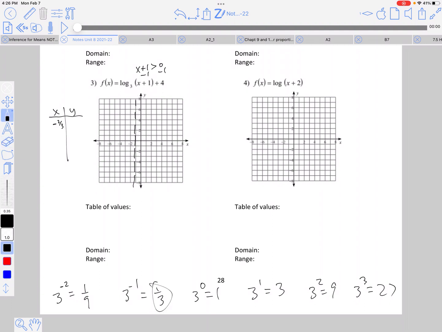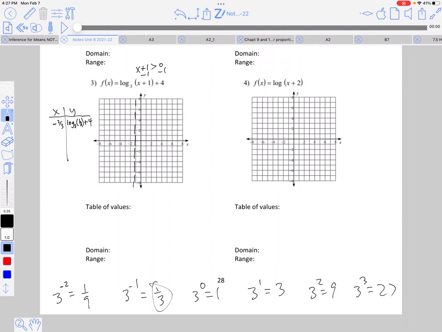How could I make that 1/3? -2/3 plus 1 actually produces 1/3. So 1 minus 2/3, we get 1/3 inside there. So log base 3 of 1/3, when we replace the x with -2/3, plus 4.